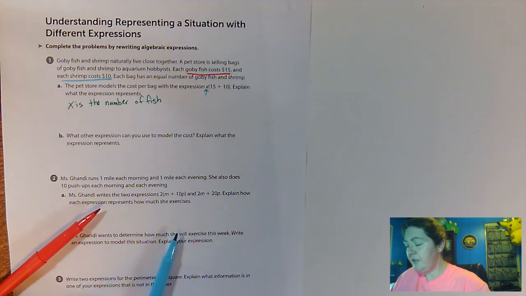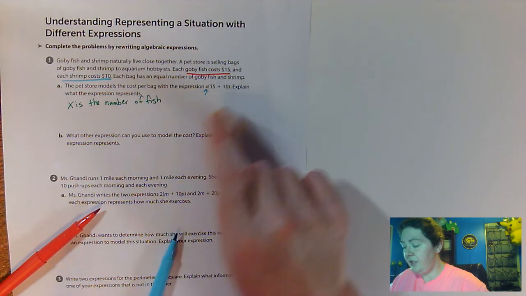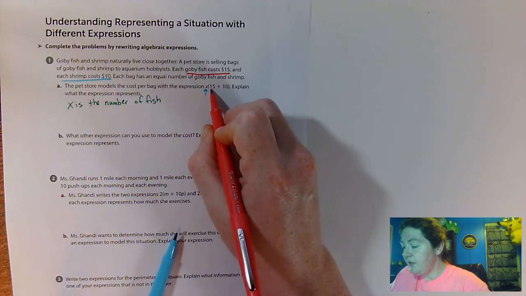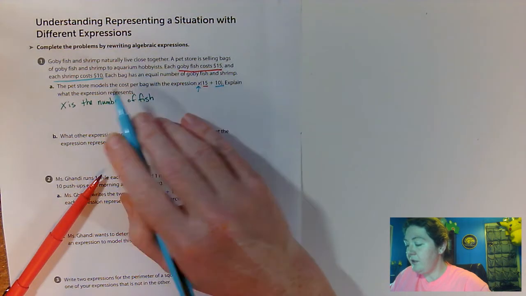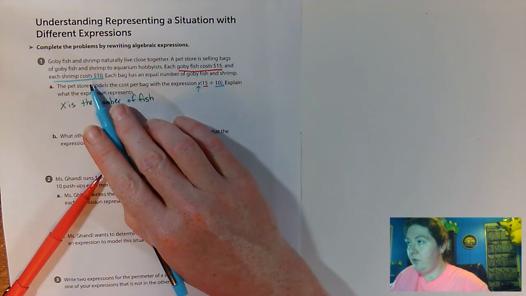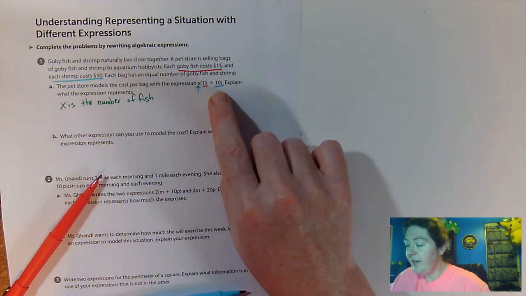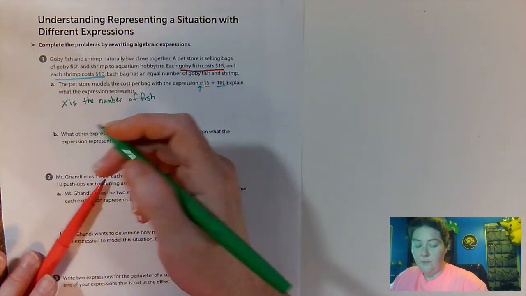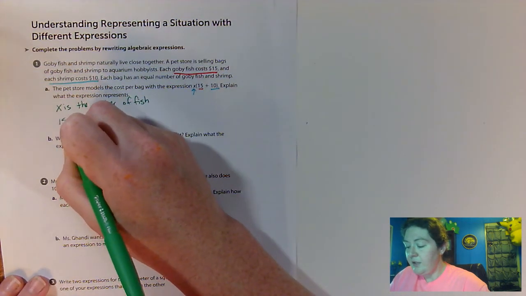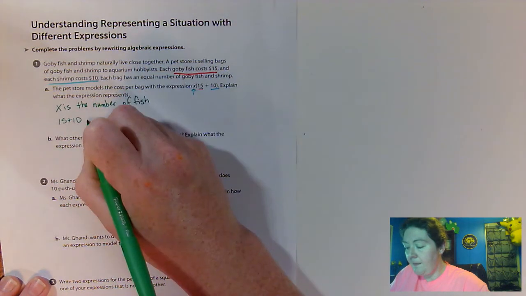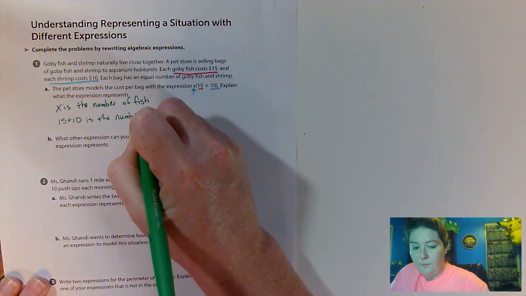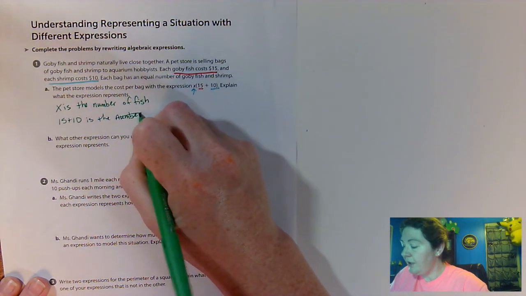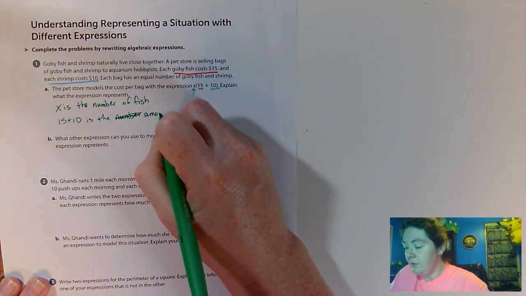So what is the 10 and 15? 15 is the cost of a fish, and 10 is the cost of a shrimp. So what we have in parentheses, 15 plus 10, is the amount, I'm sorry, not number, amount.